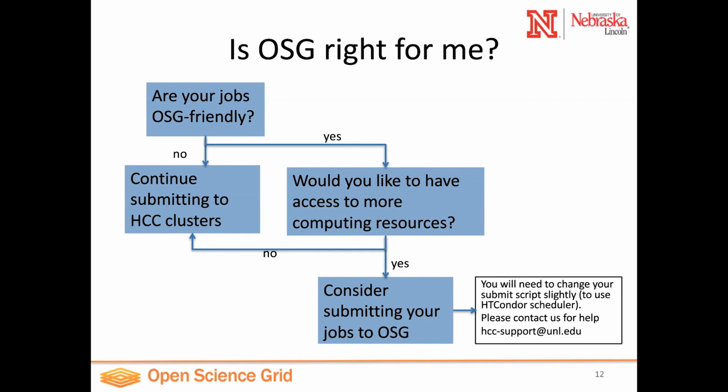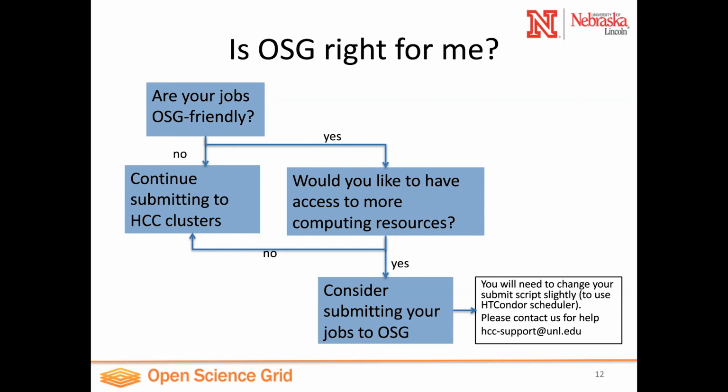If you don't need more computing resources and the overhead of getting ready to run on OSG is too much, then the answer is no, and you can just continue to submit to HCC clusters. But if the answer is yes, and you do need more resources, then you should definitely consider submitting your jobs to OSG and contact us for help with that.